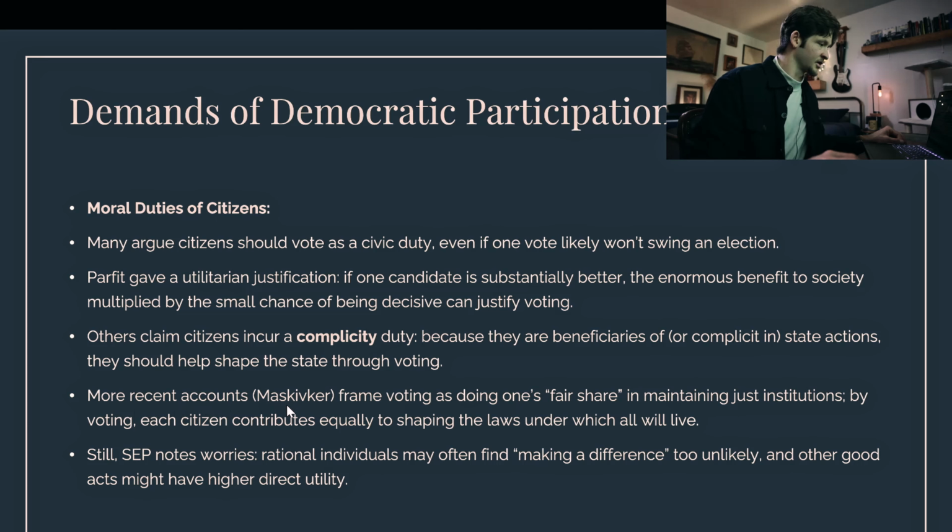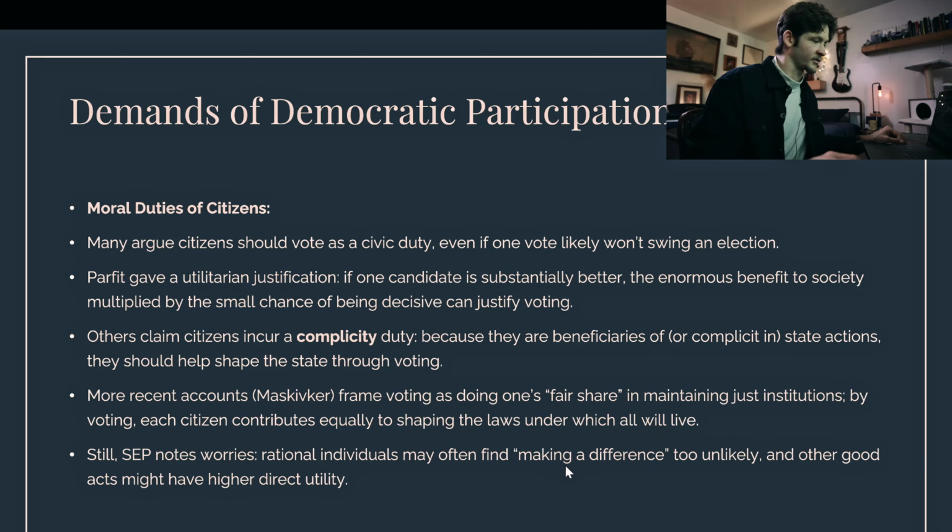More recent accounts, Maskivker or something like that, frame voting as doing one's fair share in maintaining just institutions. By voting, each citizen contributes equally to shaping the laws under which we all live. Still, the SEP notes worries.